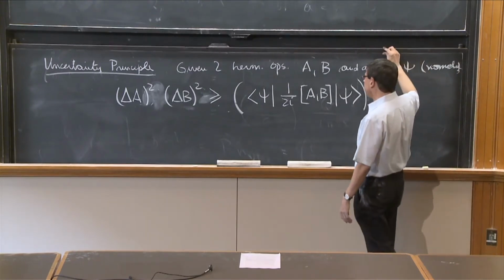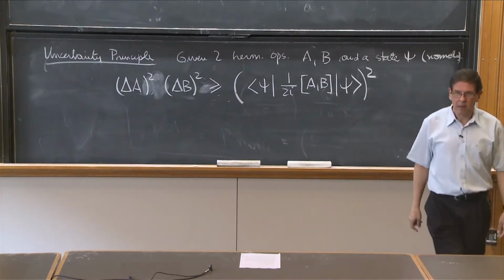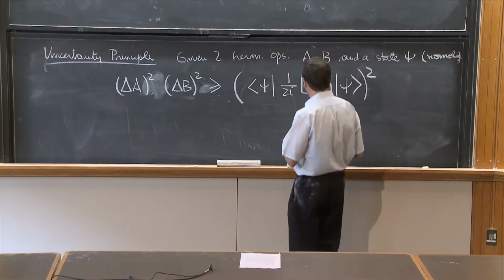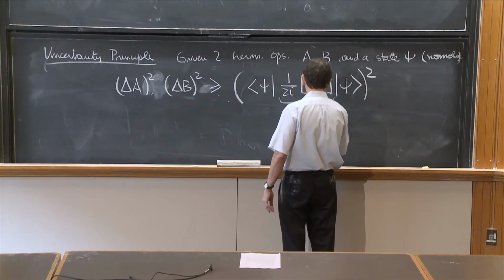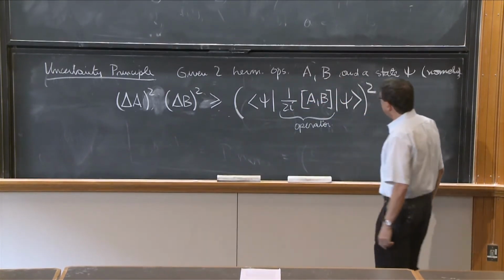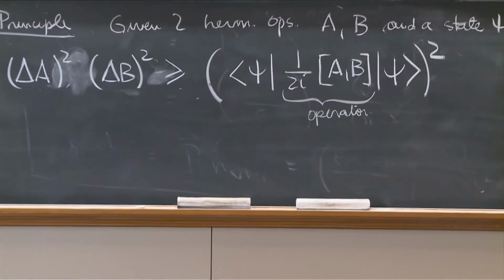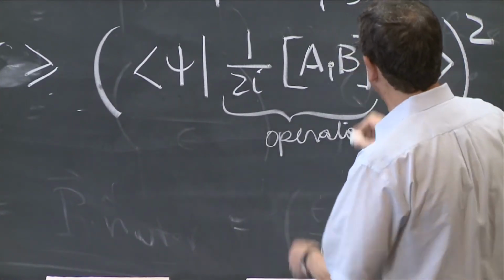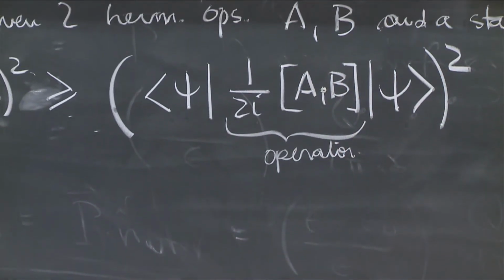And the way it's written, it seems particularly confusing because there seems to be an i here. So at first sight, you might say, well, can it be real? But the thing you should really focus on is this whole thing. This is some operator. And against all first impressions, this operator, formed by taking the commutator of A and B, AB minus BA, is Hermitian.